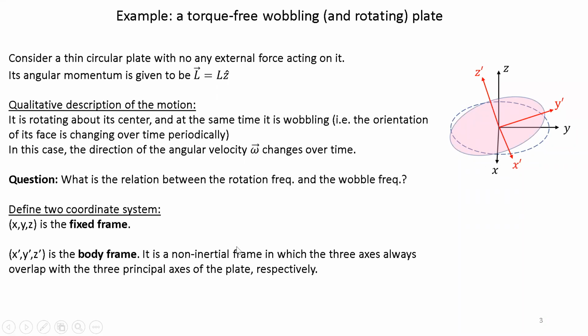The other one is the primed, red coordinate system, which we also call the body frame. This is the frame that is basically glued on the body itself, so the three axes always overlap with the three principal axes of the plate. That's the red one.